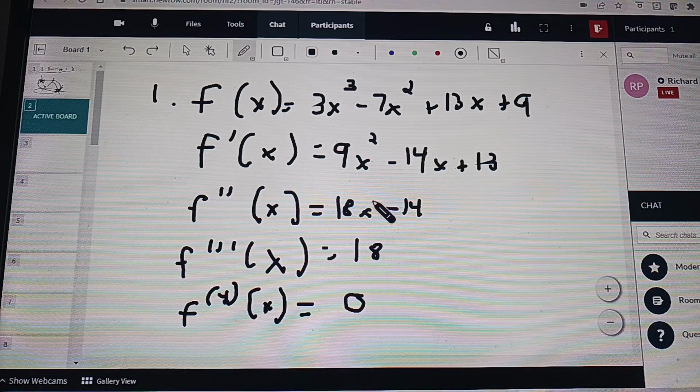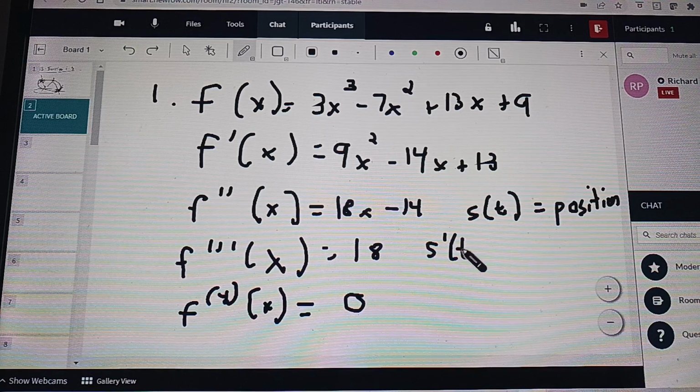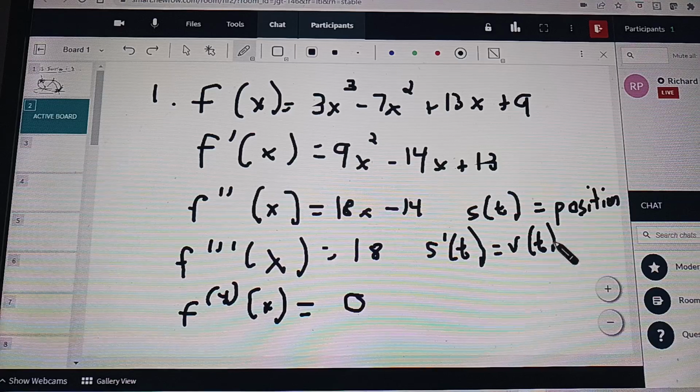Also, an application of this is, in physics, they deal with the position of an object moving somewhere. So s of t is the position function. Where's my object located in space? And then the derivative of position is velocity, how fast the object's moving.